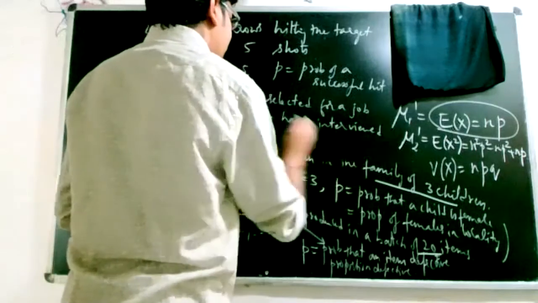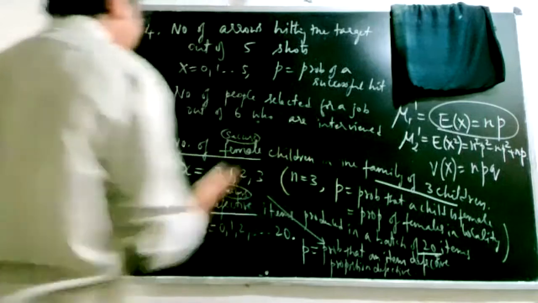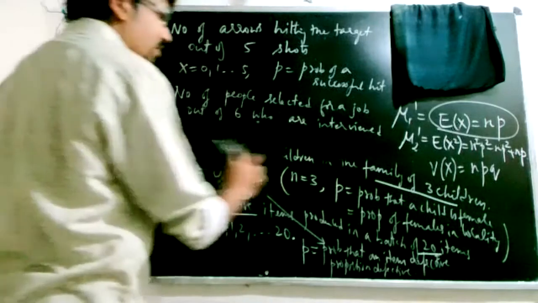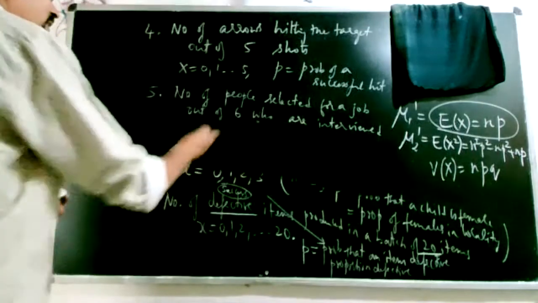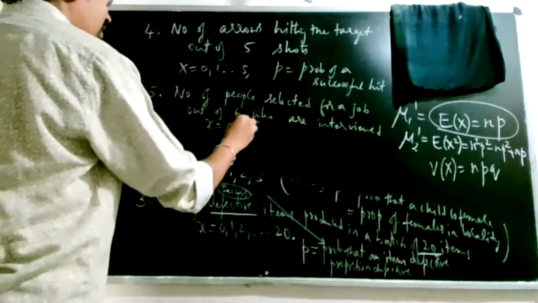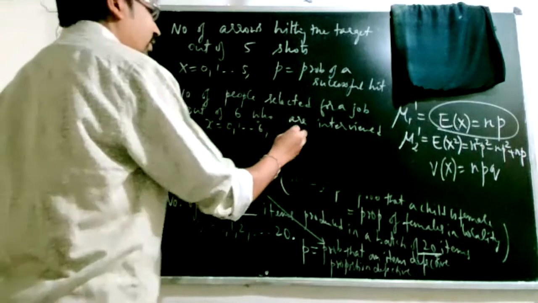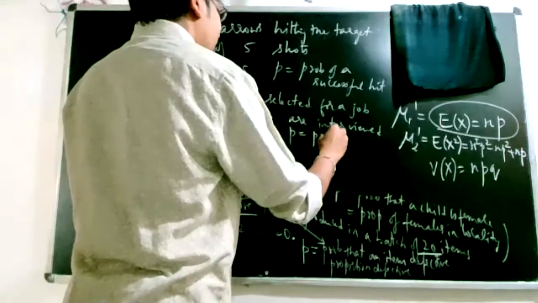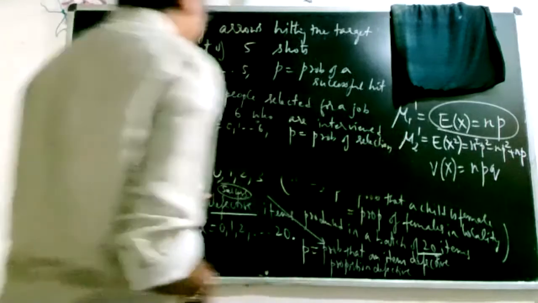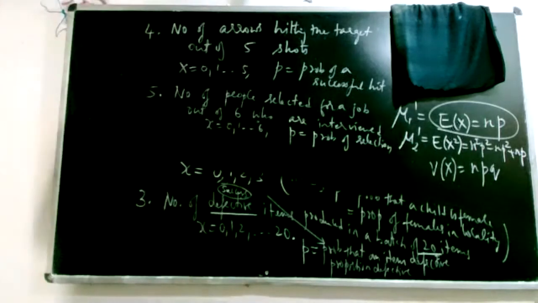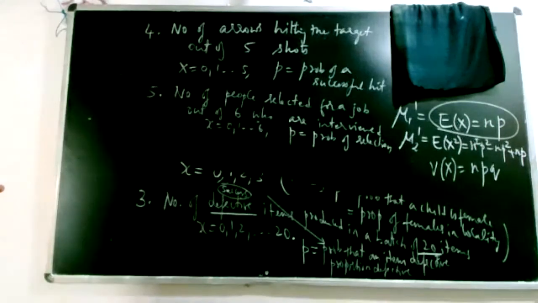Then your x takes values 0 to 6, and the probability P is defined as the probability of selecting a person for the job. So this is how you could define the variable as well as the value of P for the binomial distribution.